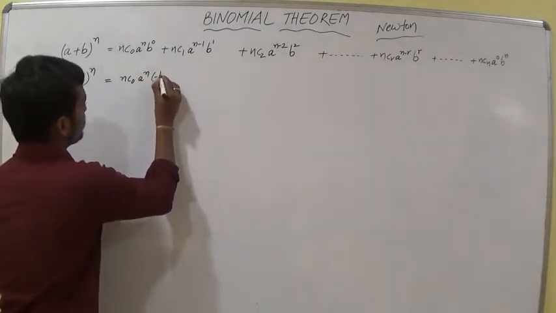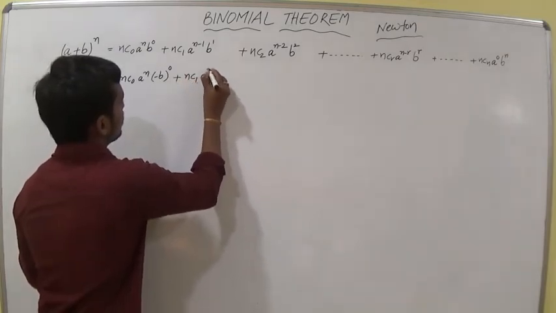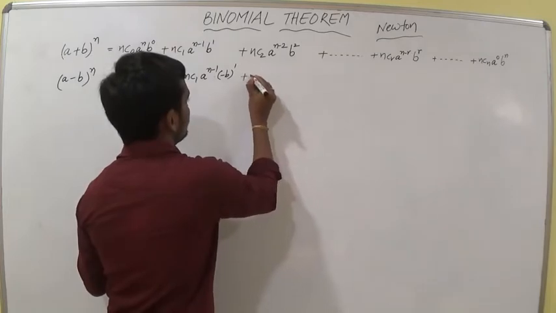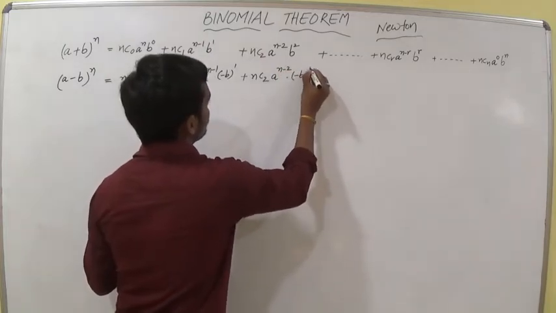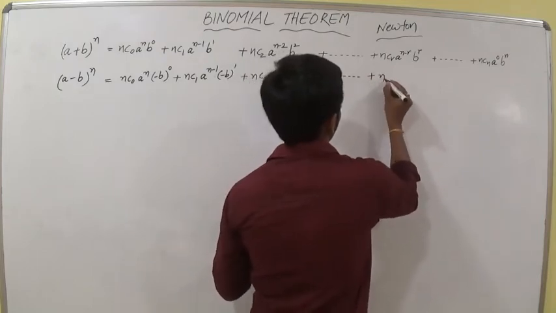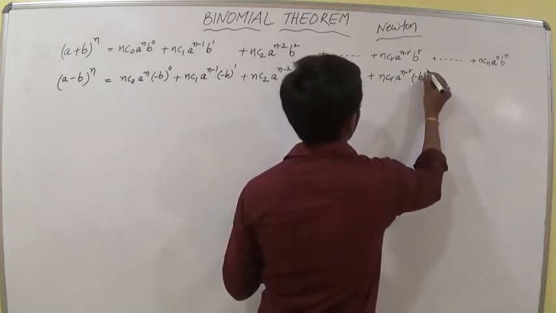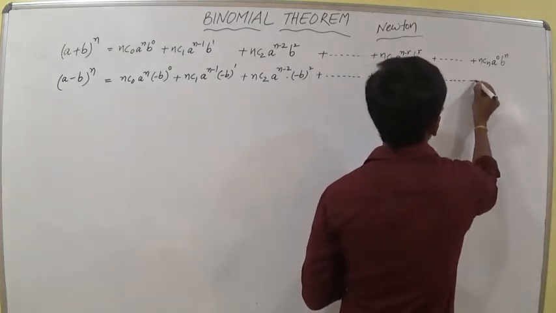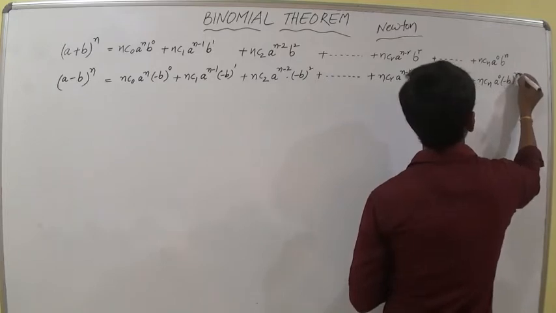Then plus nC1 a power n minus 1 into (minus b) power 1, plus nC2 a power n minus 2 into (minus b) whole square, plus and so on, plus nCr a power n minus r into (minus b) whole power r, plus and so on, nCn a power 0 (minus b) whole power n.